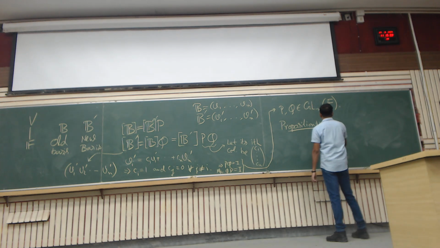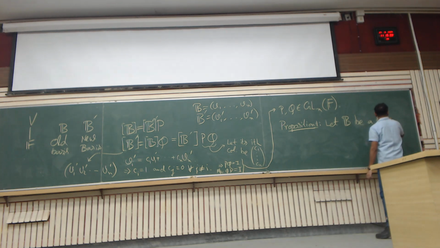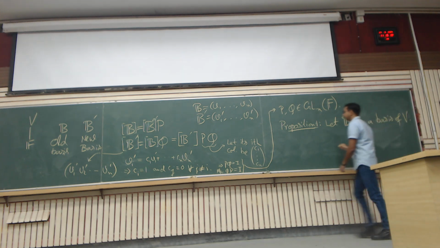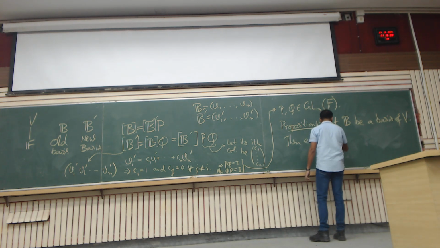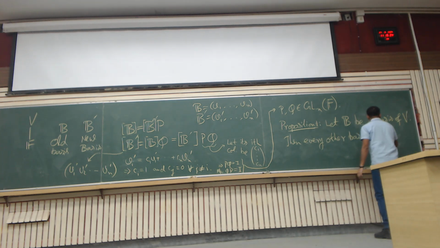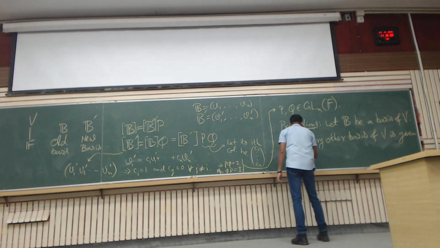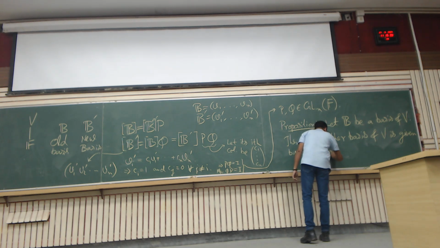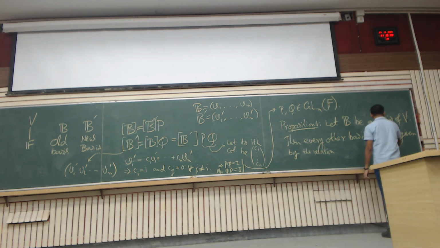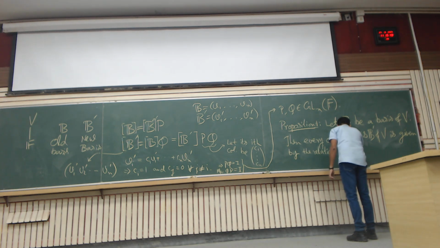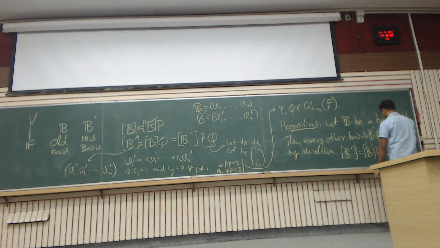That is, let B be a basis of V, then every other basis B prime of V is given by the relation B dash is equal to BP, or the other way, it doesn't matter.